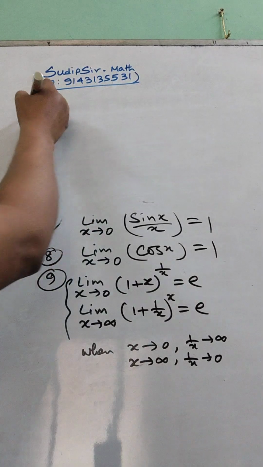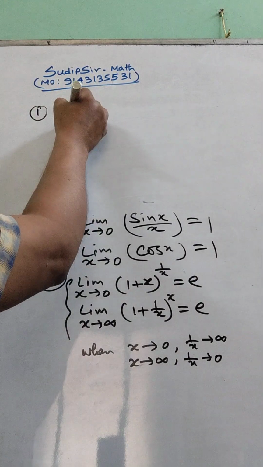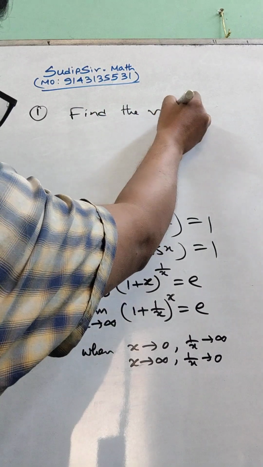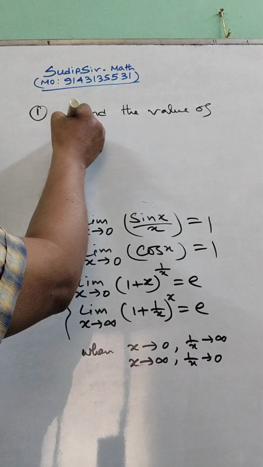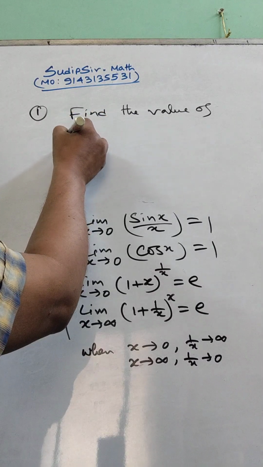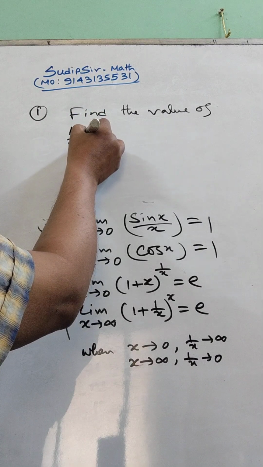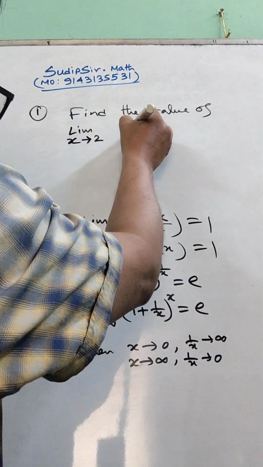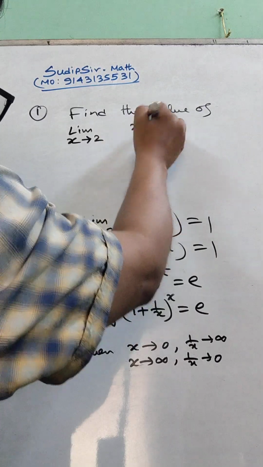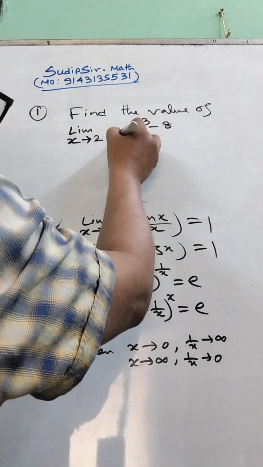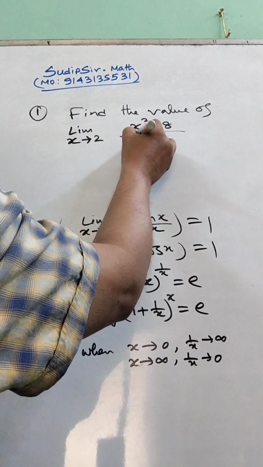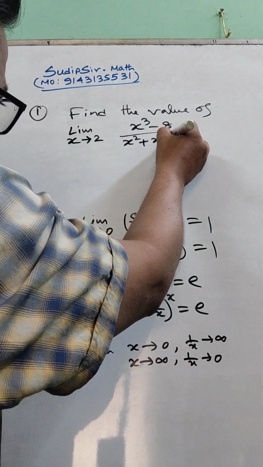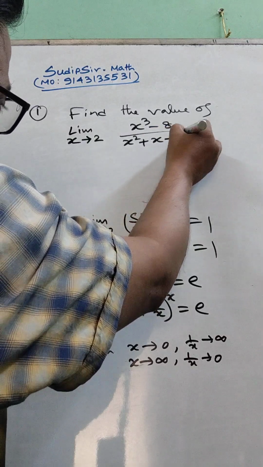Suppose, find the value of the limit as x tends to 2 of (x cube minus 8) by (x square plus x minus 6).